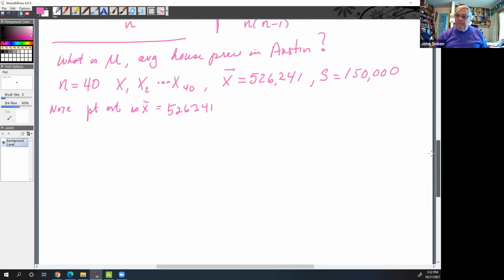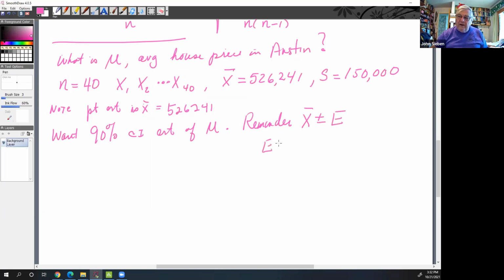But let's say we want a 90% confidence interval estimate of mu. And a reminder, because I scrolled it off the paper, that's going to be X bar plus and minus E, where E is going to be T alpha by 2 S over the square root of n.